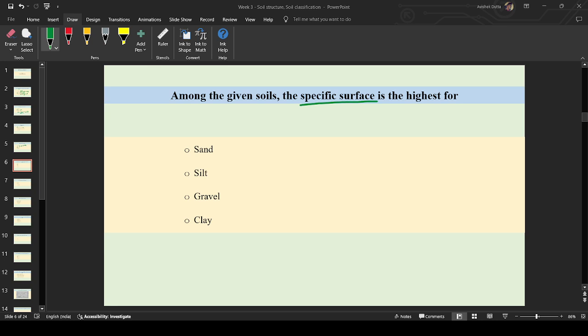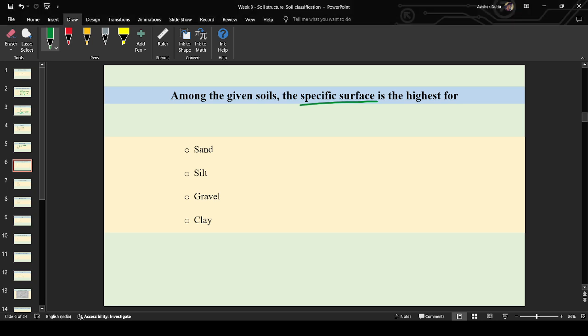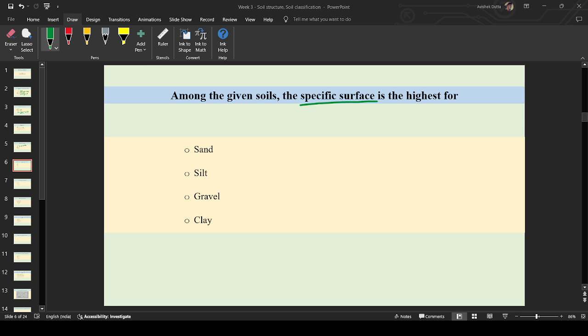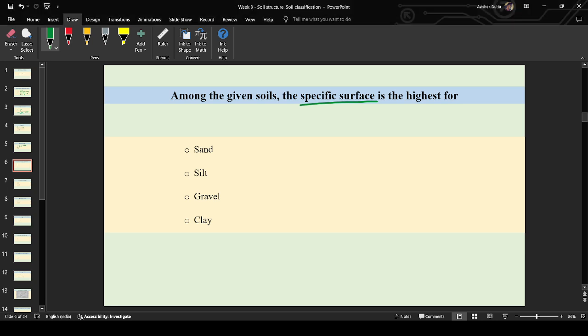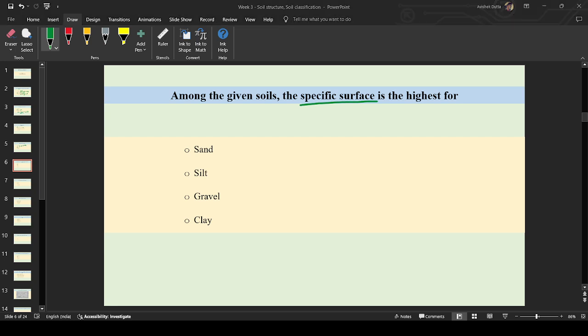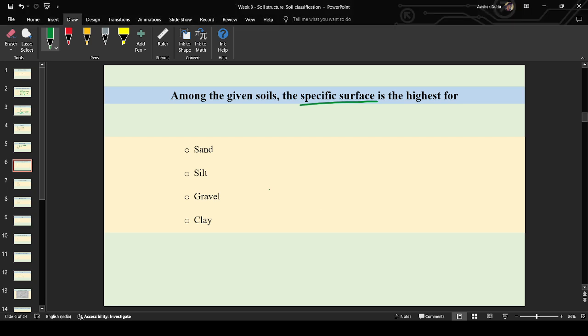How can I compare soil based on only surface area? With respect to volume? Not volume, it is mass. Nice attempt, but it is mass. Specific surface is surface area per unit mass.